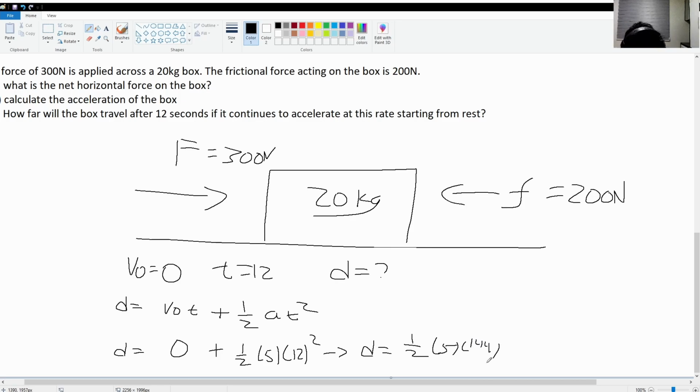So then 144 times 5 is 720, 1/2 times 720. So it's going to be 360 meters. So the answer is 360 meters.